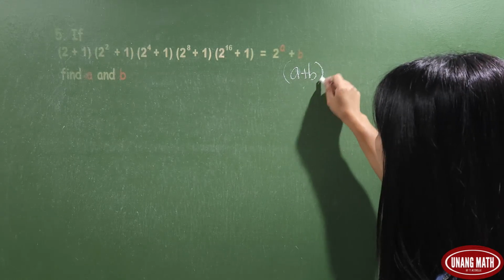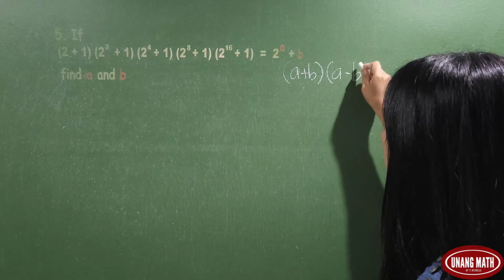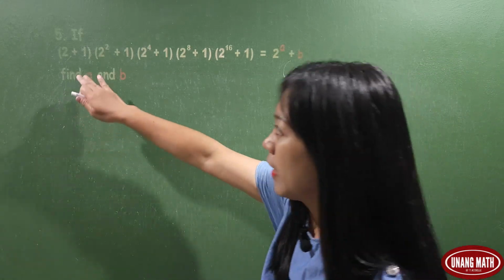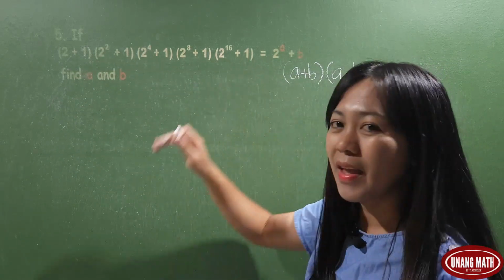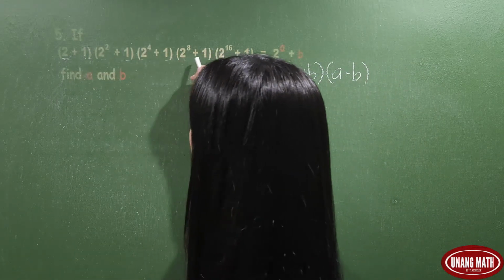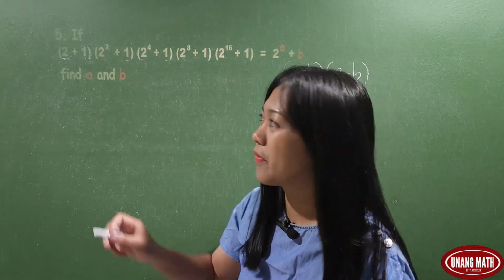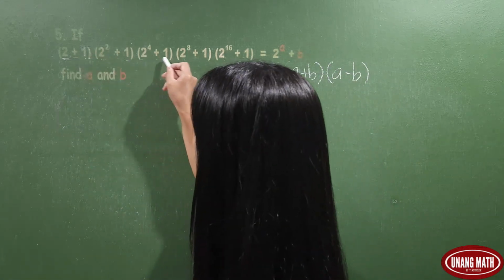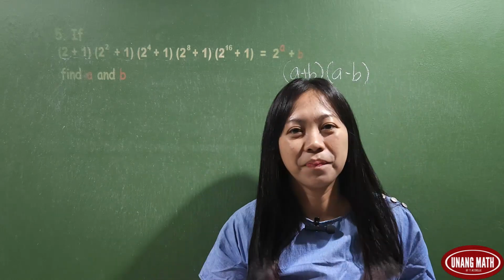So, (a plus b) times (a minus b). Take a look at this given. Yes, we have same numbers, but we only have addition as the operation.